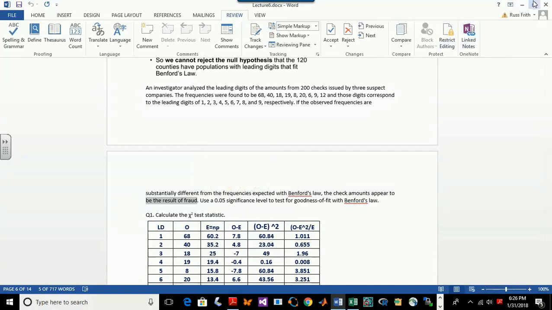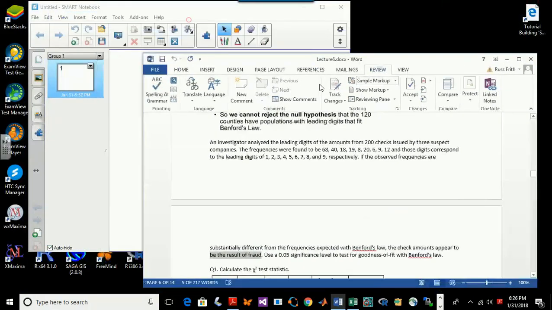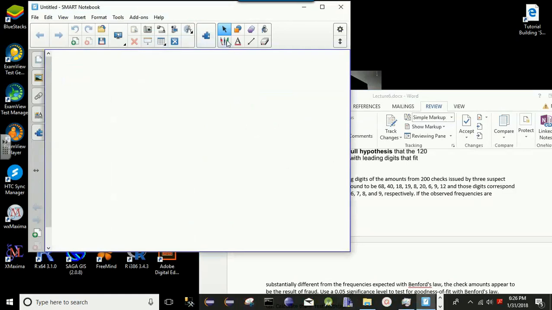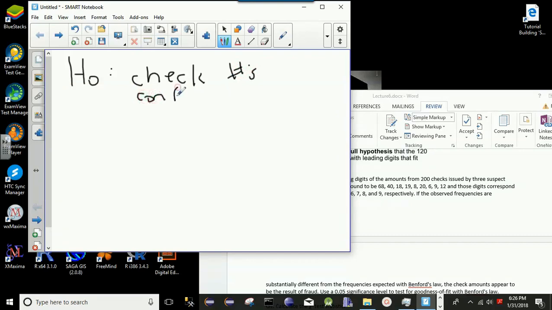I should write this down. Null hypothesis: check numbers conform to Benford's law. If that's the case, then there's no fraud.